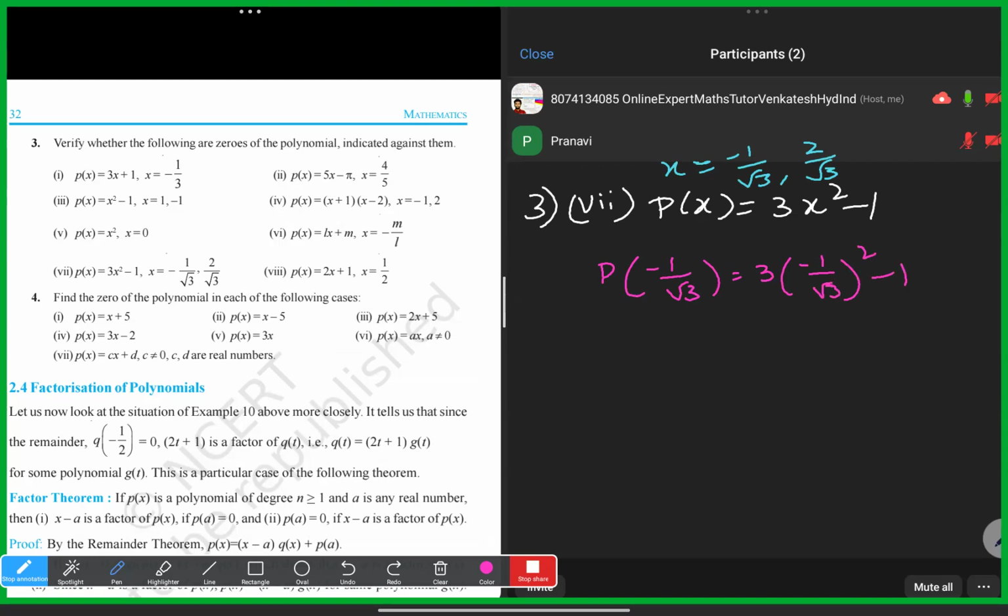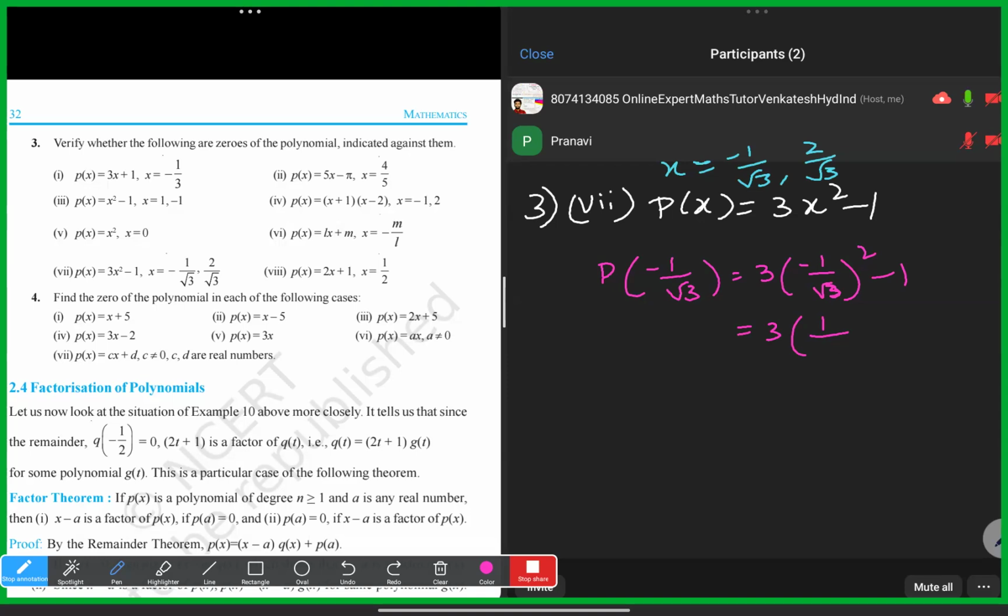So what is minus 1 by root 3 whole square, Pranavi?